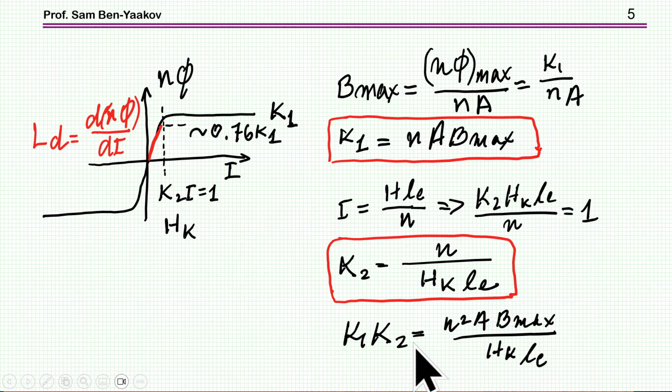So everything seems to be coming into order. We have the value of K1, we have the value of K2, and we have checked that indeed K1 times K2 is this inductance as we expected at the beginning.